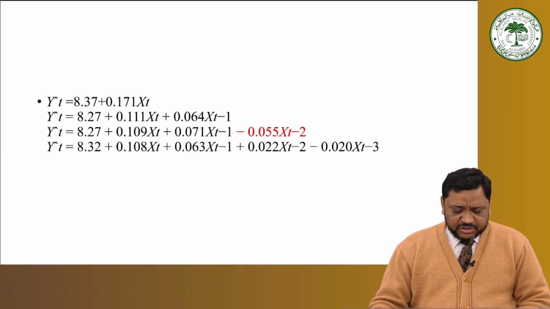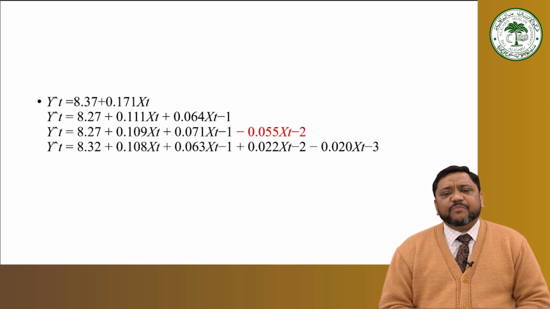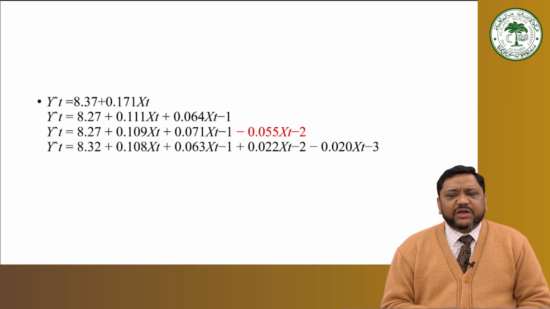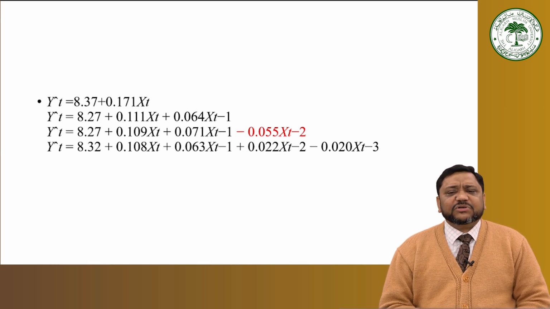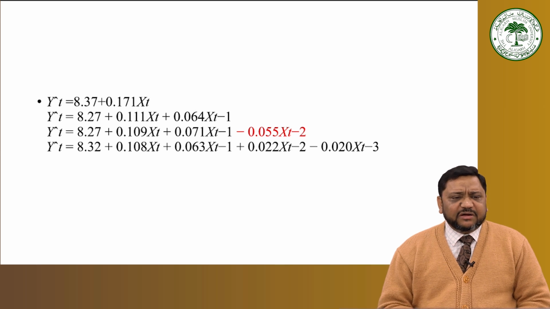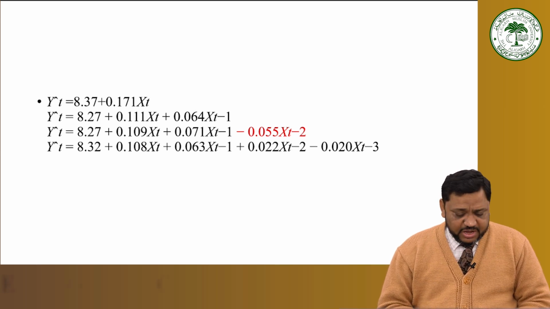This was an example, a study done by Alt and Tinbergen. He applied OLS sequentially and regressed fuel oil consumption y on new orders, based on quarterly data for the period 1930 to 1939.